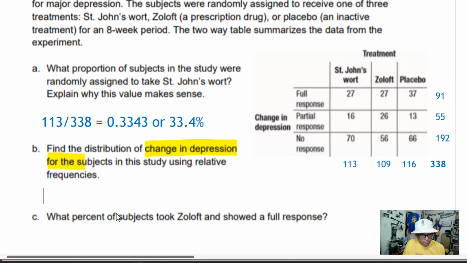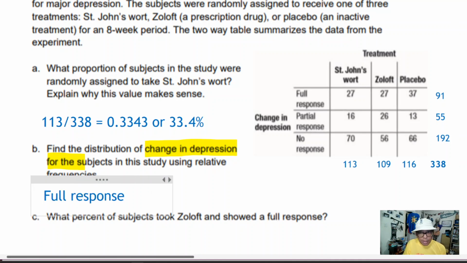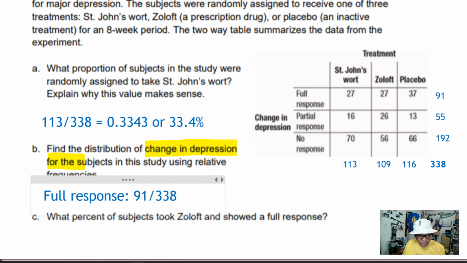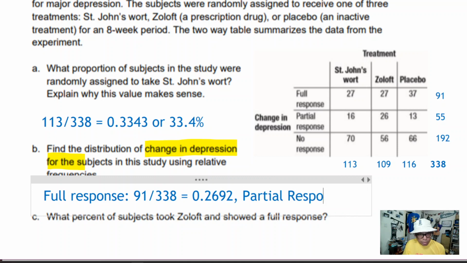Well, our first category of change in depression is full response, and that's going to be 91 out of 338, about 27%. Next one is partial response. And how much is that?